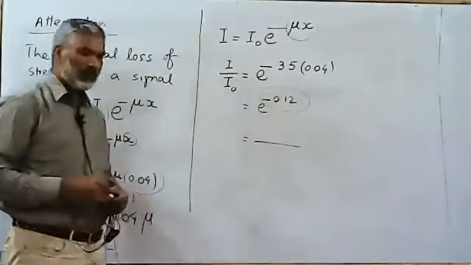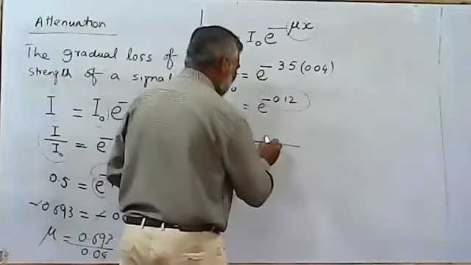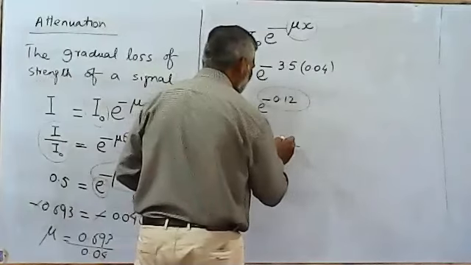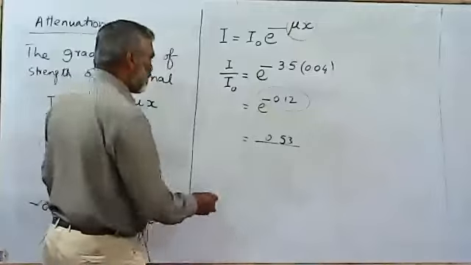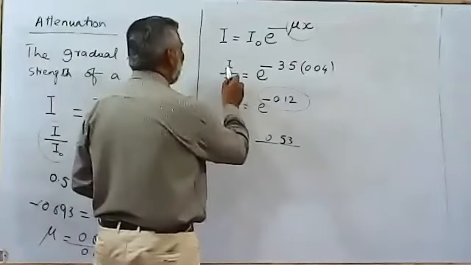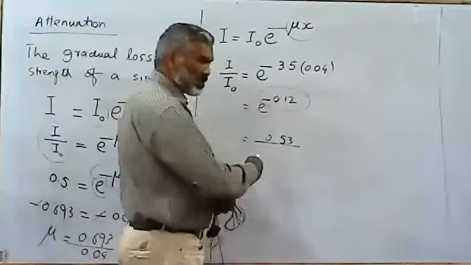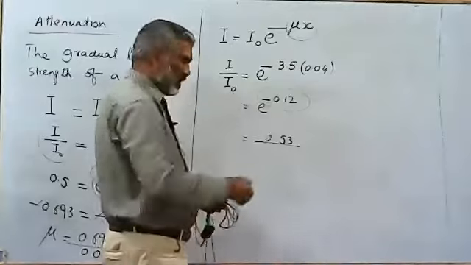It is usually a positive number. Suppose this number appears to be 0.53, something like this. That means 53% of the incident original intensity goes to the other side.